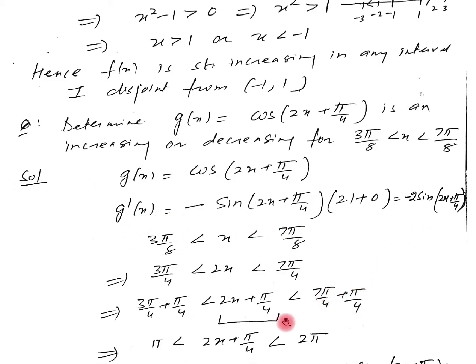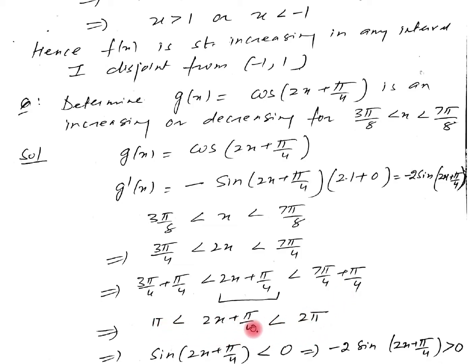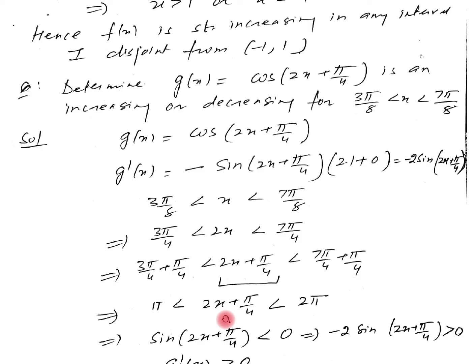Now here we have seen that this value is lying in pi to 2 pi. It means this interval is pi to 2 pi. And the value of sine in this interval is always negative because it is the third and fourth quadrant, and in the third and fourth quadrant sine is always negative. So this angle is lying in the third and fourth quadrant.